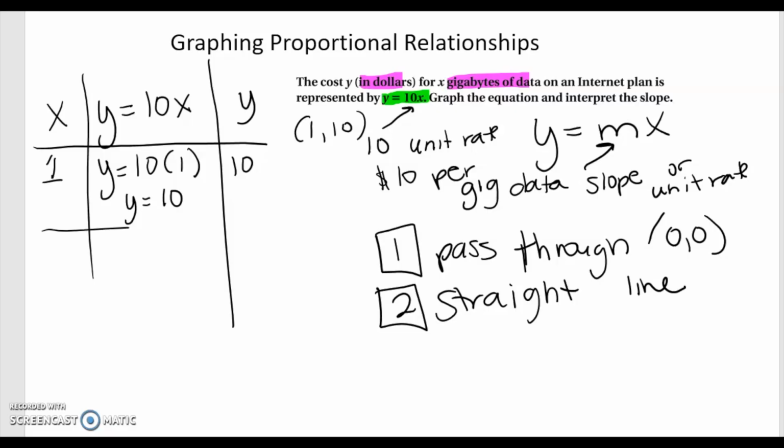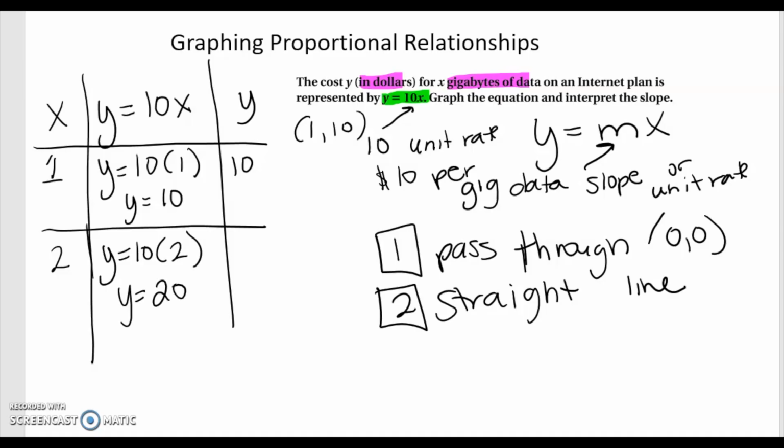Okay, then we're going to say, well, what if we use 2 gigs of data? y equals 10 times 2. So if we use 2 gigs of data, we're going to pay $20. That's our next ordered pair, (2, 20). And we could continue going.